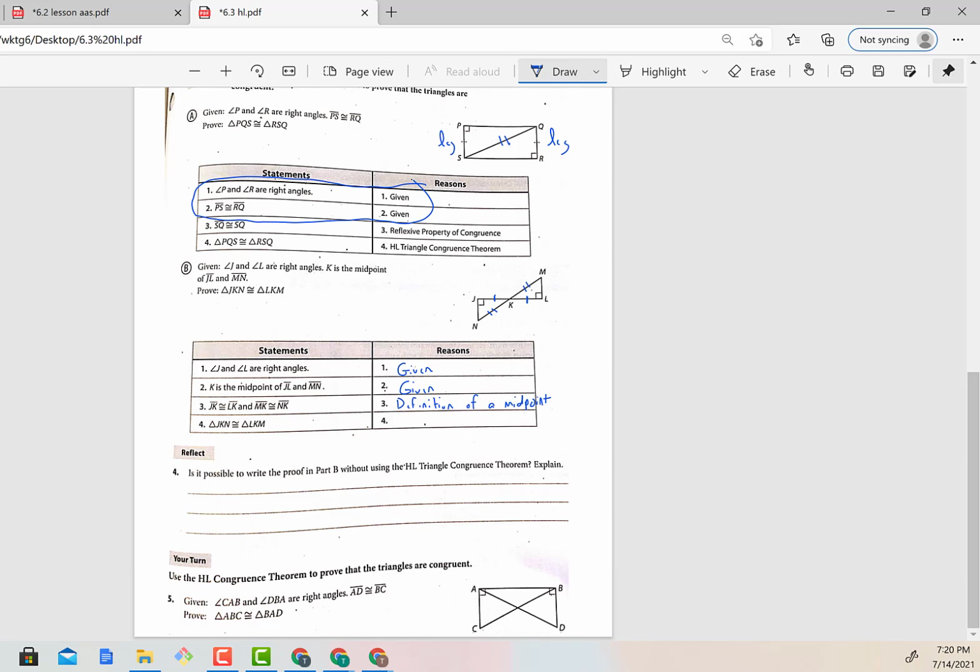And if you think about step 3 real carefully, JK and LK, are those legs or are those the hypotenuses of the triangles? JK and LK are the shorter sides. They're the legs because they help form the right angle of both those triangles. And then segment NK and segment MK are the hypotenuses. Those are the longest sides, the sides directly opposite of the right angle. So again, these triangles are congruent by HL.